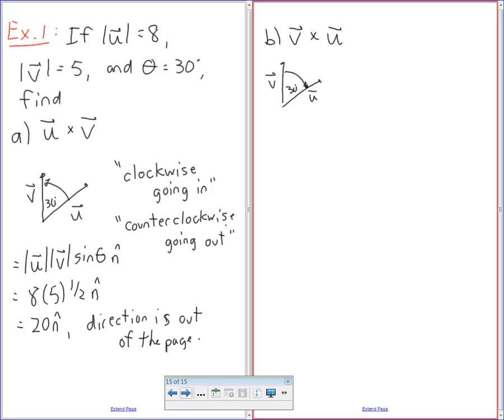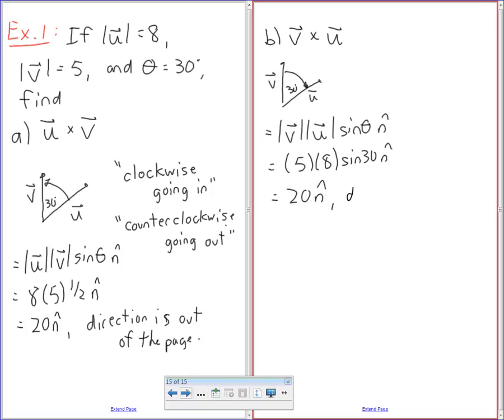So it's going to be magnitude v, magnitude u, sine theta n hat. This is going to be 5 times 8 times sine 30 n hat, which should be 20 n hat, and the direction is into the page. And again, think of it like turning a bottle. It's a good thing for that for sure.